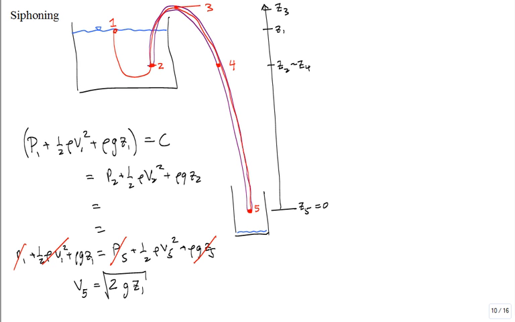True? That equation looks very similar to another equation we developed last time. 2gh, right. So we called that Torricelli's equation. So it's as if you had a tank which was like this. I'm going to just sketch it here.